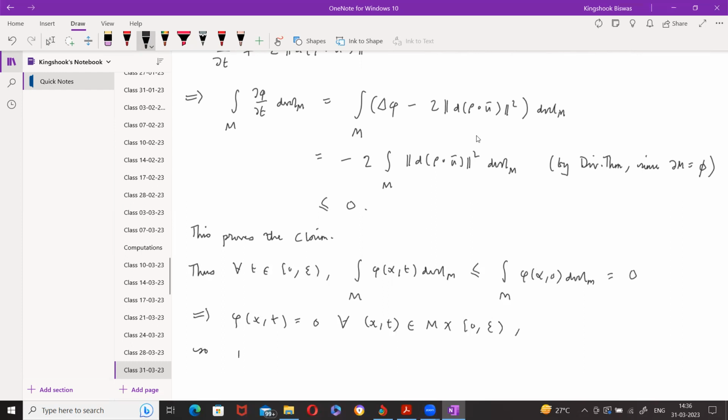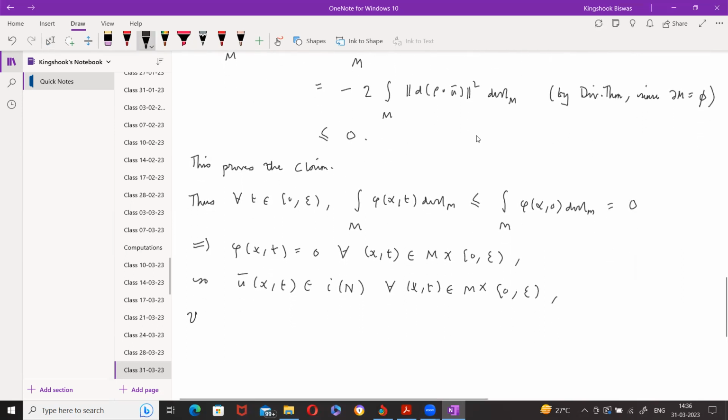So ū(x,t) is in N for all (x,t), and that means there exists a smooth map U from M × (0, ε) into N such that ū is equal to i composed with U.